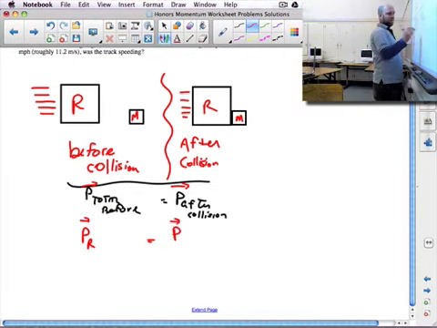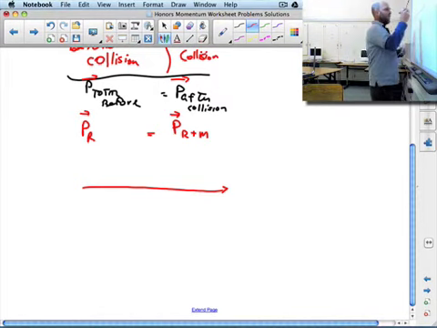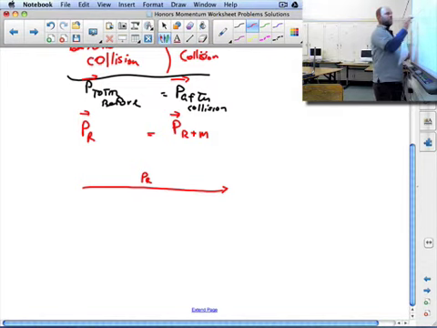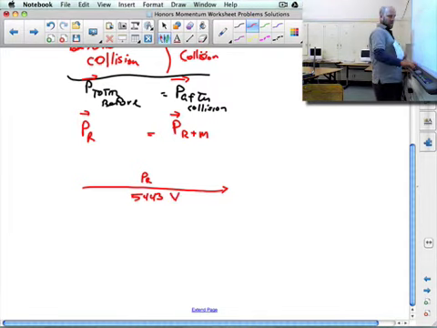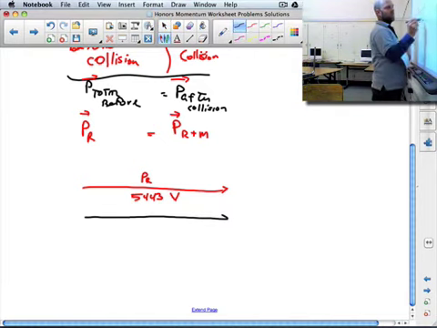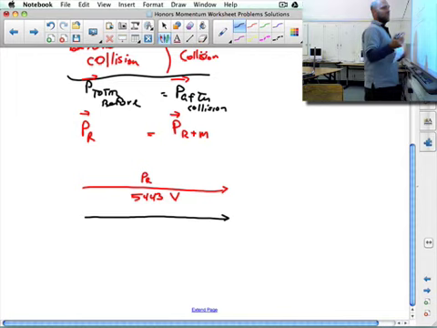So if I draw a vector and I figure out the momentum for the Ram before, now we don't know the velocity of the Ram. So this is going to be 5443 v, mass times velocity. And that vector should equal the momentum after the collision.